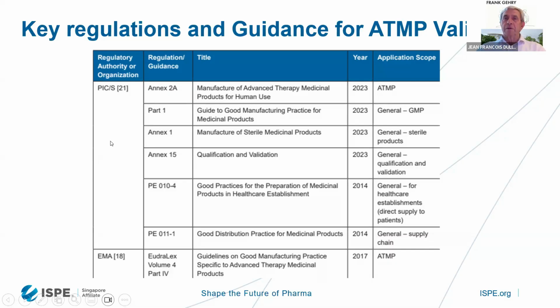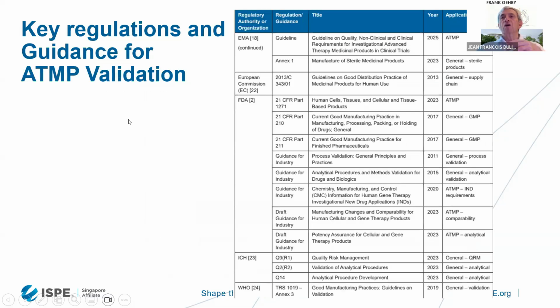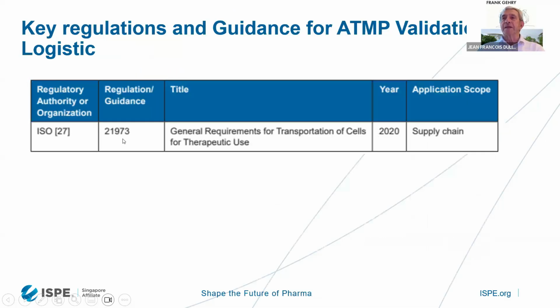For Europe, the Annex 1 is not applicable to ATMPs, and in the part 4, we have a special development of some part of the Annex 1 for aseptic processes, going to this document to have sterile GMPs for ATMPs.